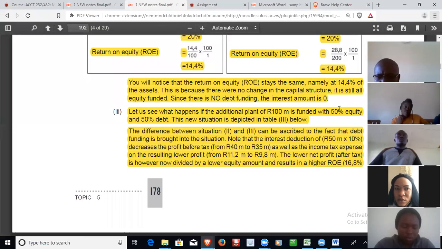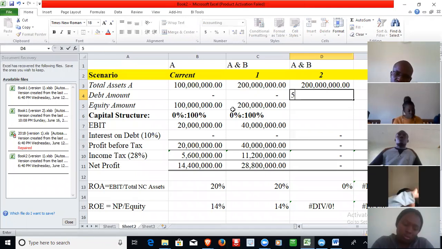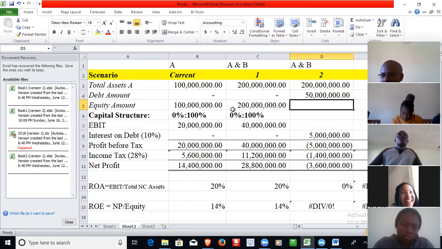It's going to be 50% equity and 50% debt. Meaning to say, on debt, it's going to be how much? 50 million. And then on equity, it's going to be how much?